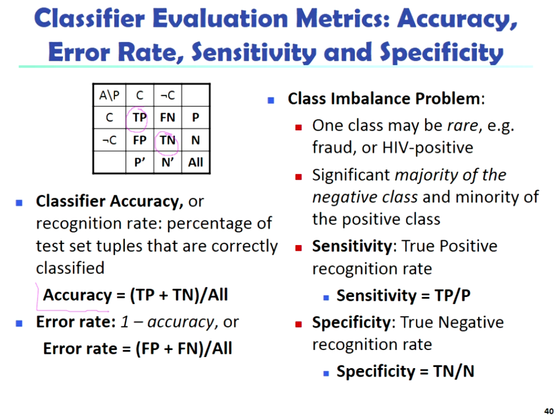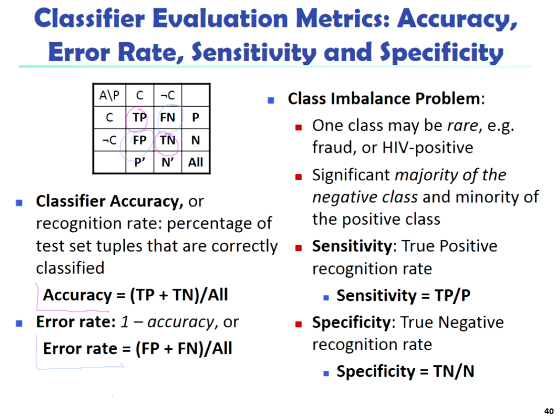For the error rate we will use FN plus FP divided by all.